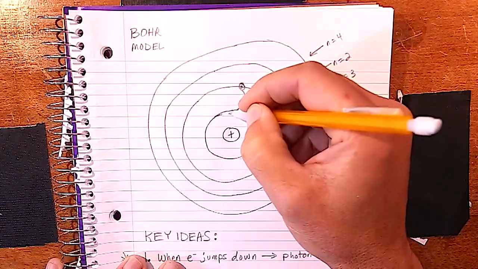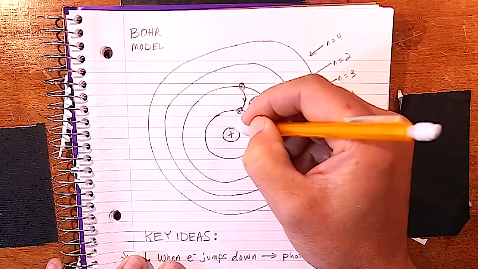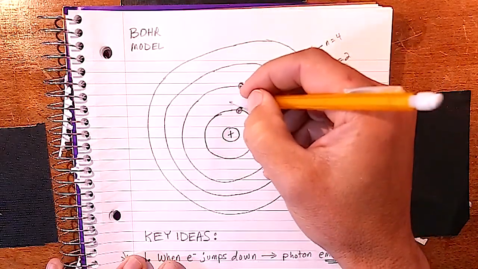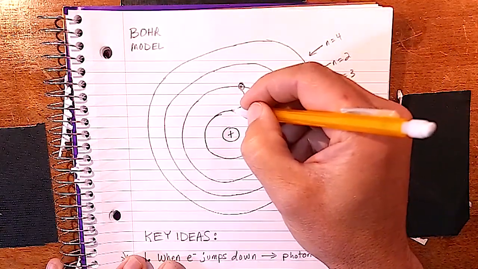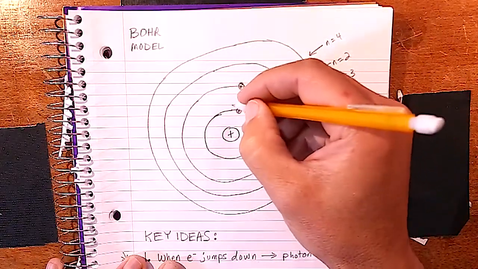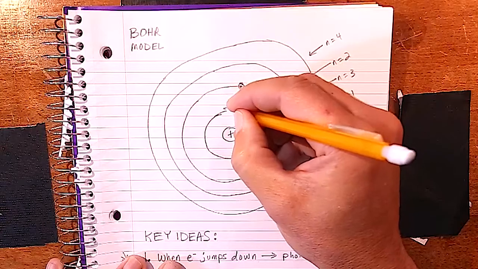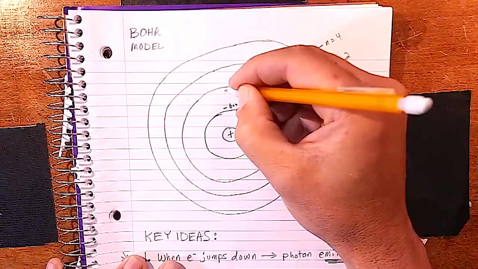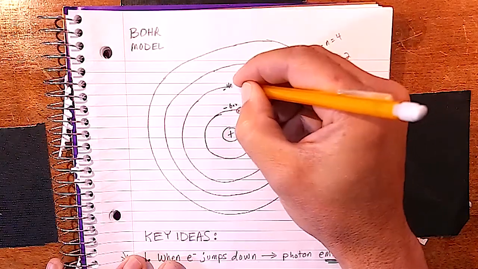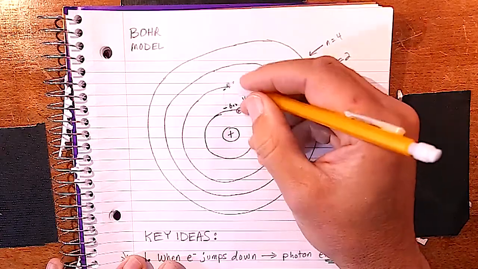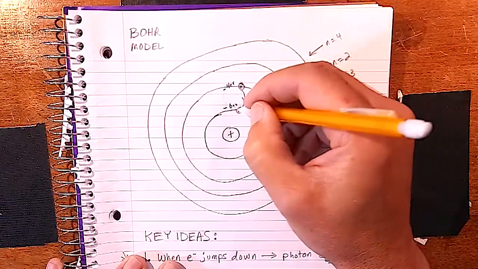Now what we do is we say that these energies are negative, because you can think of it as being down in a well. When you're down here at the bottom level, you have negative energy. You're trapped within this atom. So if I make up a number and say n equals 1 is equal to negative 6 eV, and this level is negative 4 eV, then the difference, just ignore the minus signs, is 2 eV.